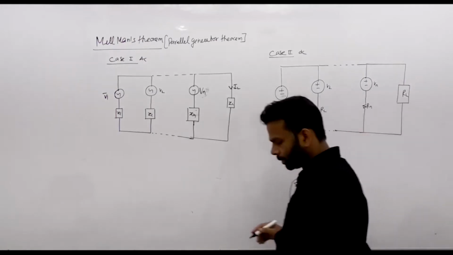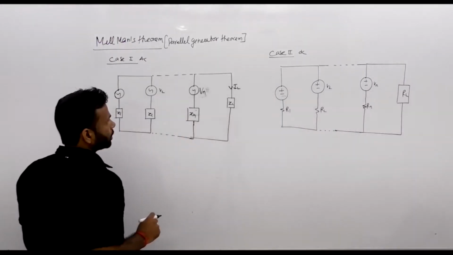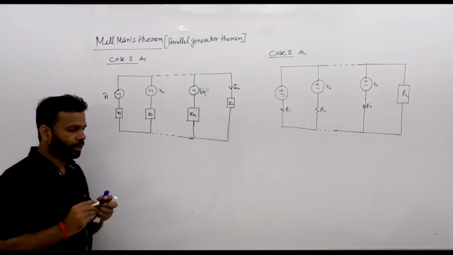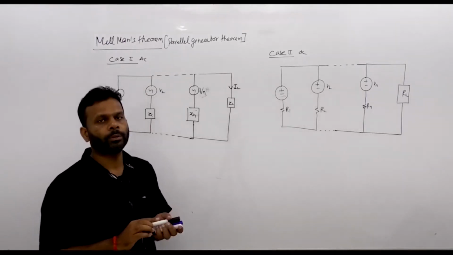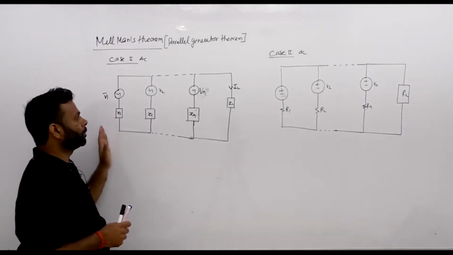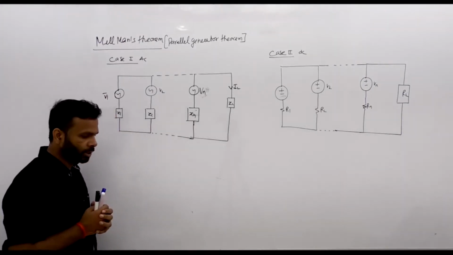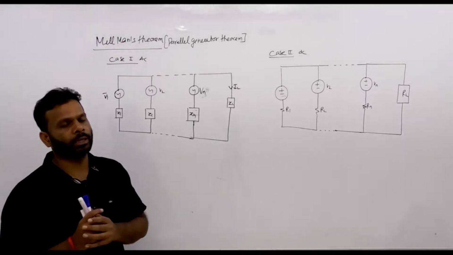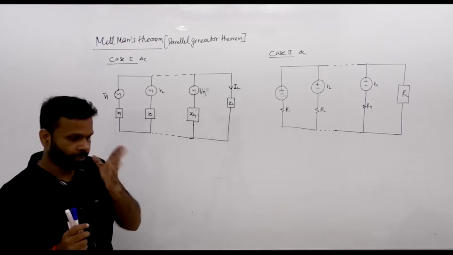Now what is the statement of this theorem? First let's see what is the statement. Now according to the Millman's theorem, n number of parallel generator can be replaced into a single practical generator. Listen carefully.